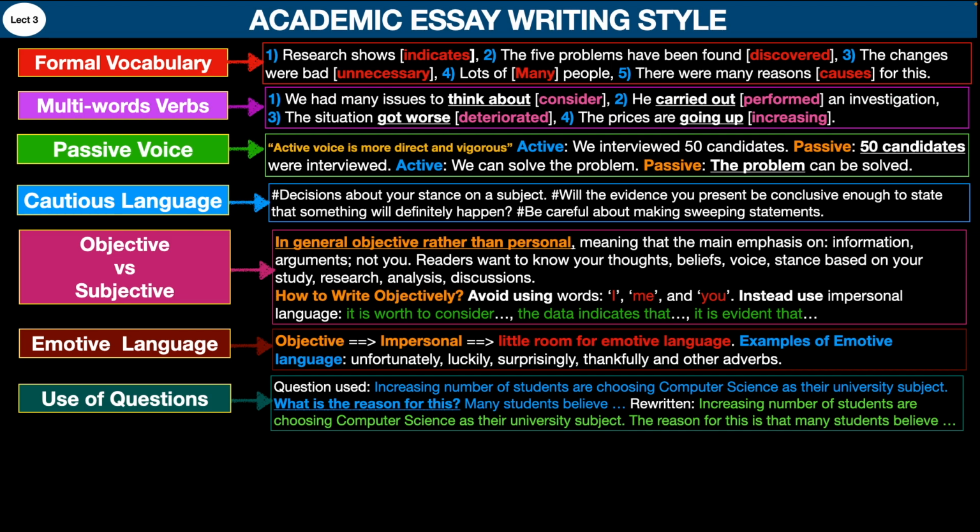Increasing number of students are choosing computer science as their university subject. What is the reason for this? Many students believe. So what is the point of using the question, what is the reason for this? No need to ask these questions to the reader. Subsequently, you are going to answer this question. So why are we going to ask questions to the reader?